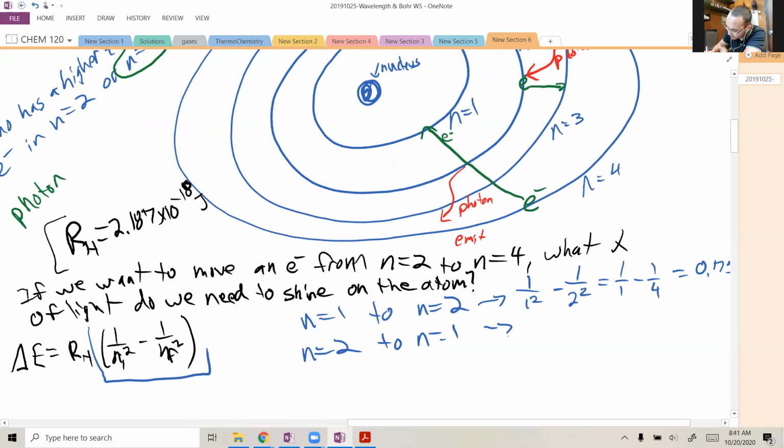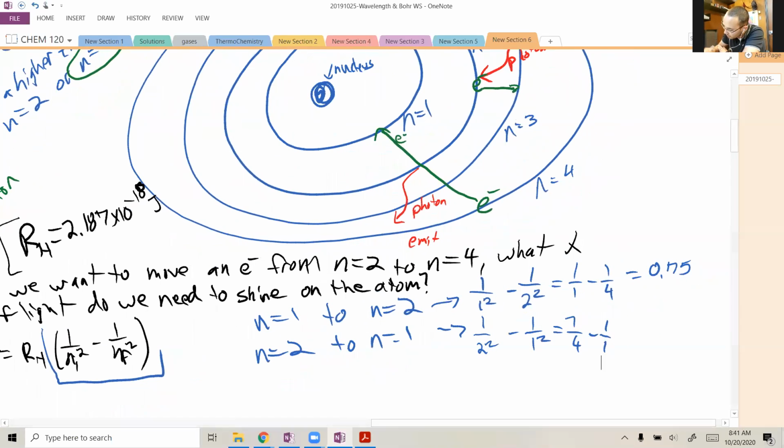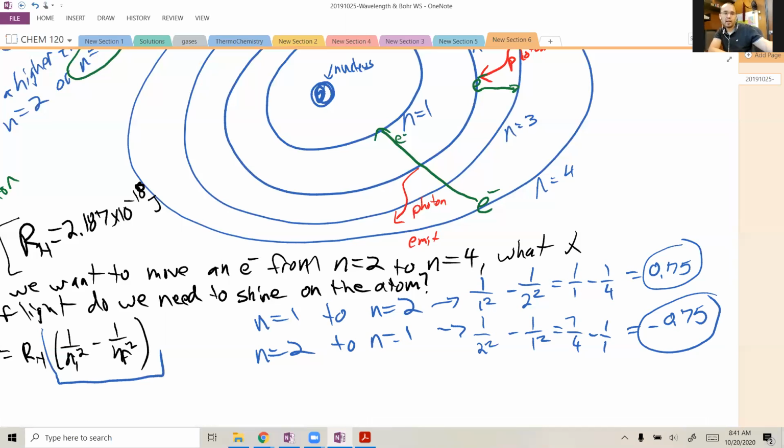On the other hand, if we do n equals 2 to n equals 1, that becomes 1 over 2 squared, minus 1 over 1 squared, so their gaps are the same amount of energy, but one is going to be positive and one is going to be negative. So if we have a positive delta E, is that photon being absorbed or is that photon being emitted?